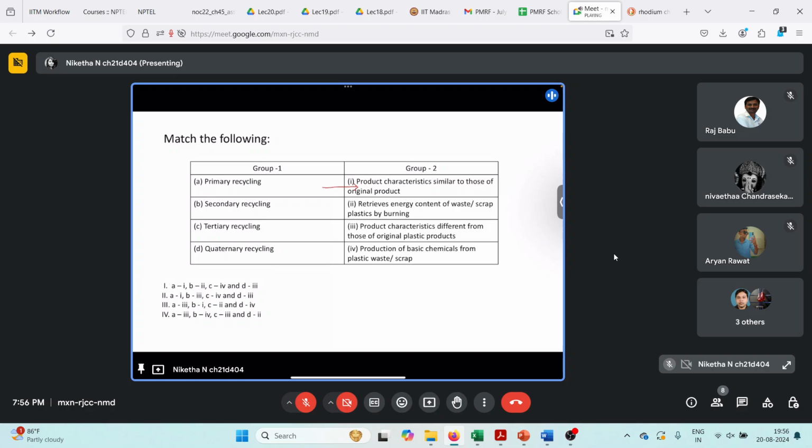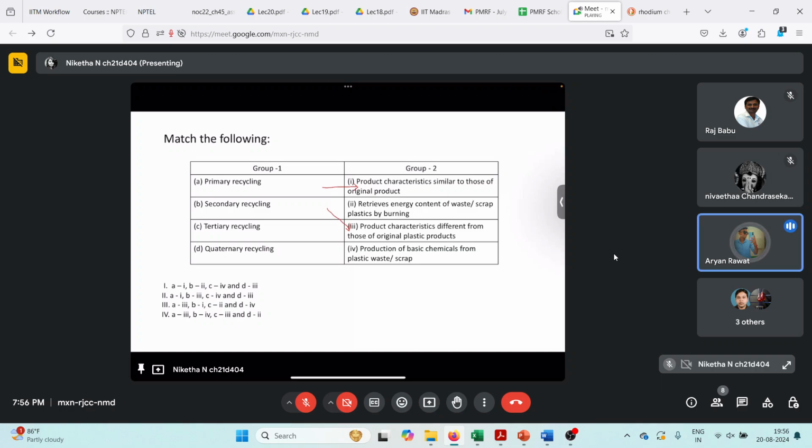Now, when it comes to secondary recycling, the product characteristics are different from those of the original product. So your product is not the same thing, it is completely different. After recycling, it becomes a different kind of material.